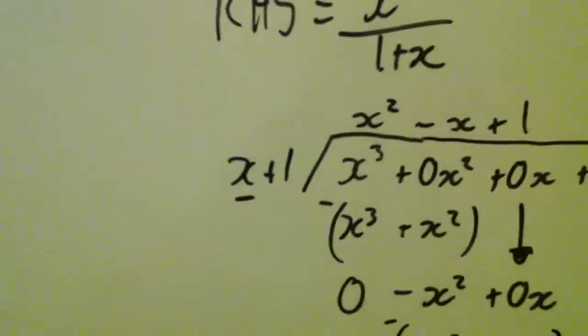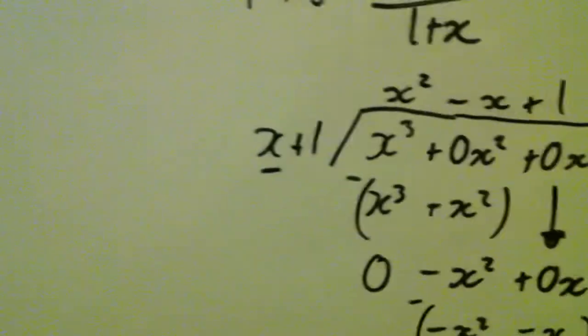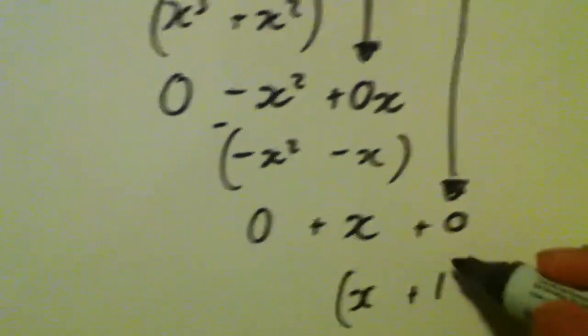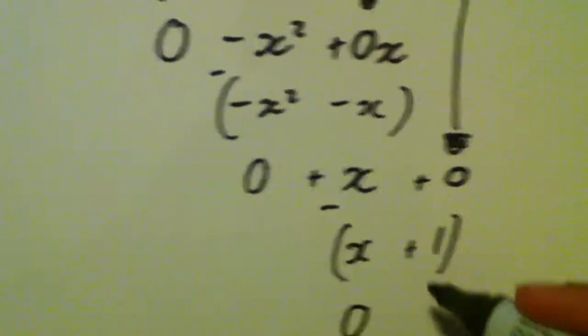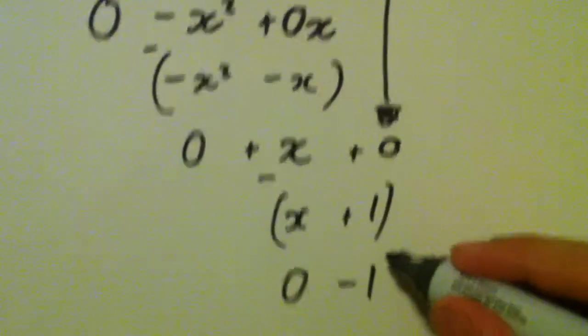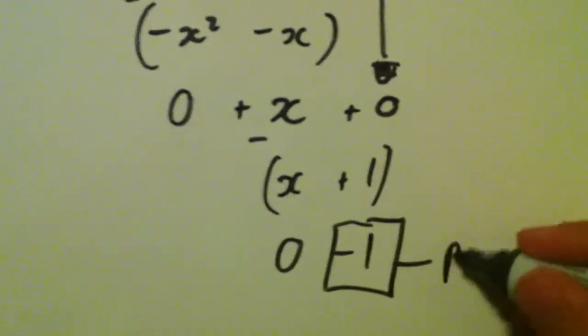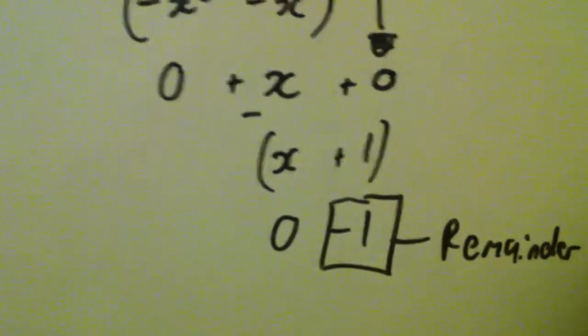So 1 times x gives me x, and 1 times 1 gives me 1. Minus these. So x minus x gives me 0, and minus positive 1 gives me negative 1. This value here is my remainder.